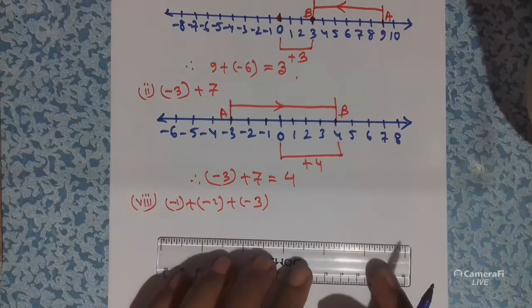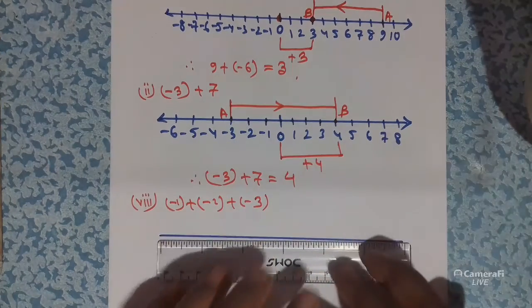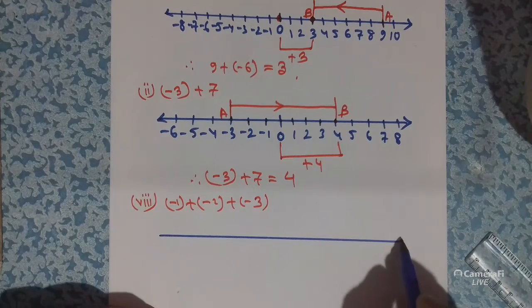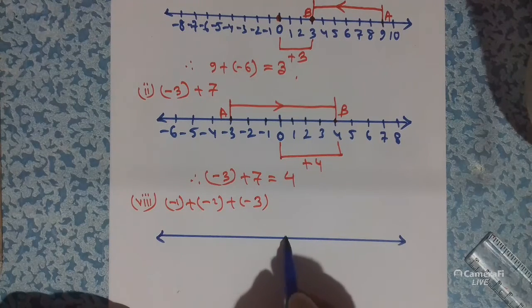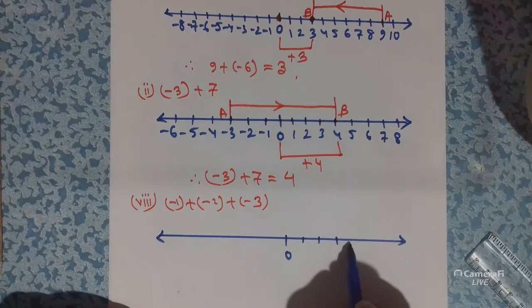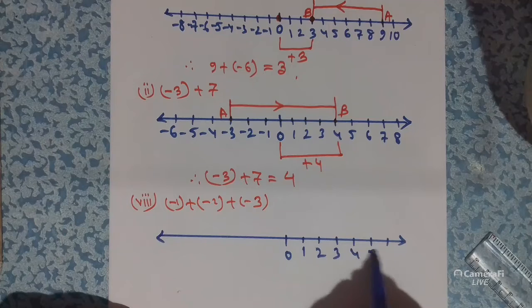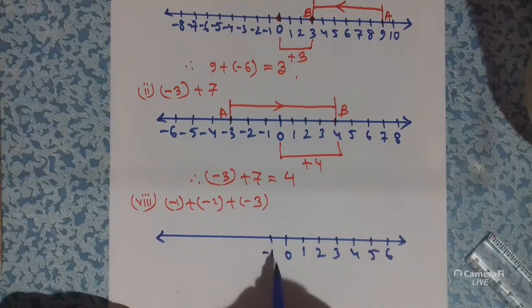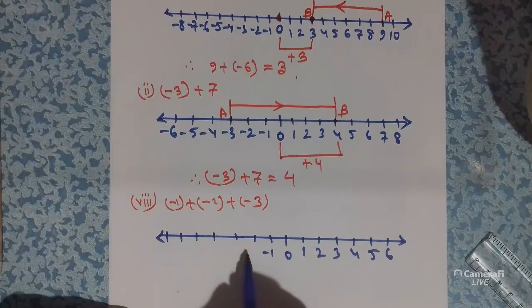So at first we have to draw the number line. So 0, 1, 2, 3, 4, 5, 6 and minus 1, minus 2, minus 3, minus 4, minus 5, minus 6, minus 7.